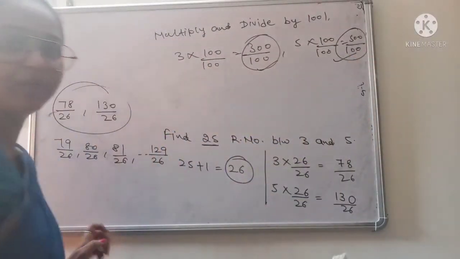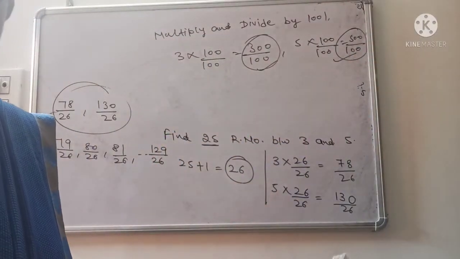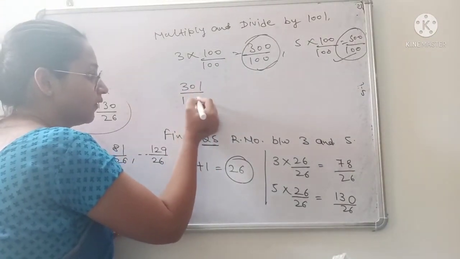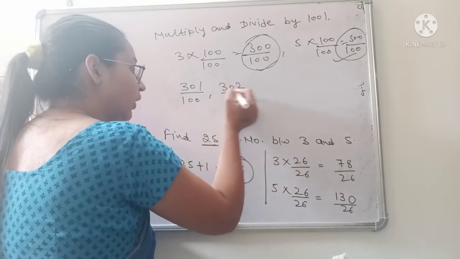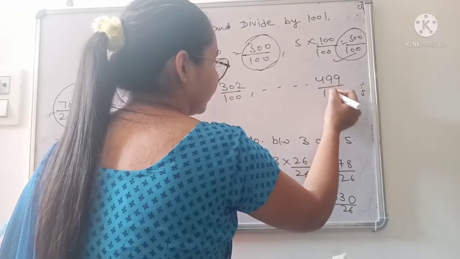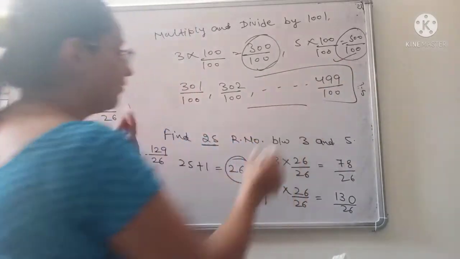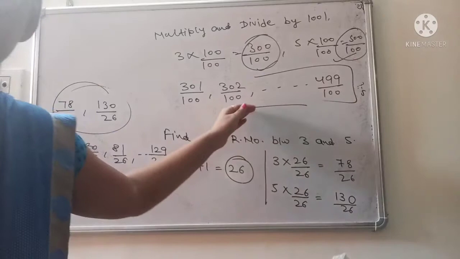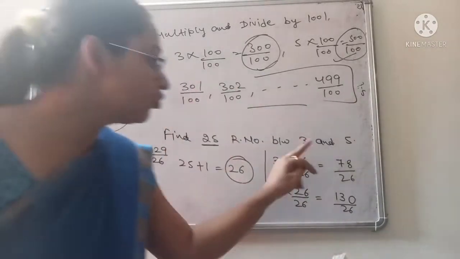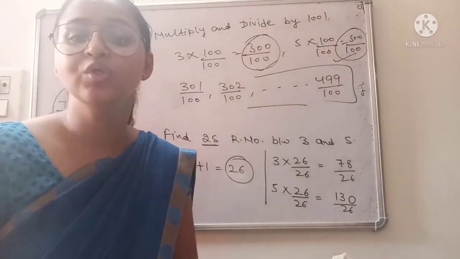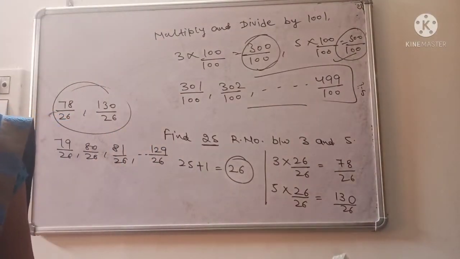Both have the same denominator, so they are like fractions, and in between these two we are able to find 301, 302 and the last is 499 upon 100. So yes, now we can find 25, 100, or 150 rational numbers between 3 and 5. So there are 3 ways to find how many rational numbers exist.